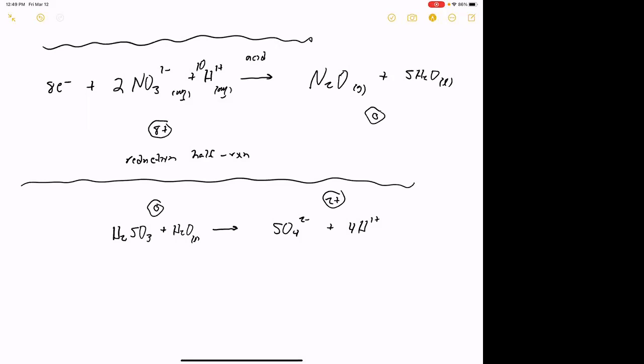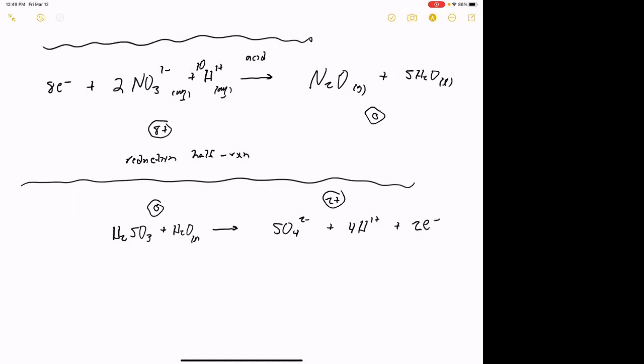Okay, so which side do I need to add my electrons to? Always add them to the more positive side, right? How many? It had 2. You got it.